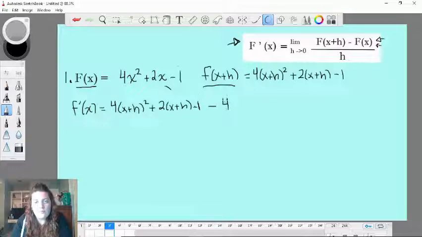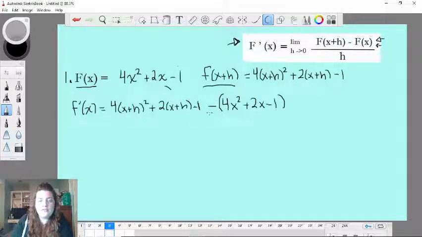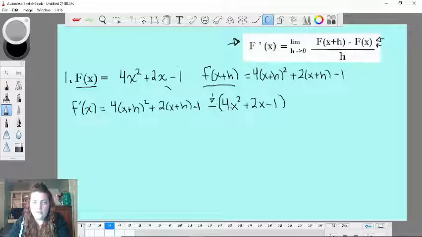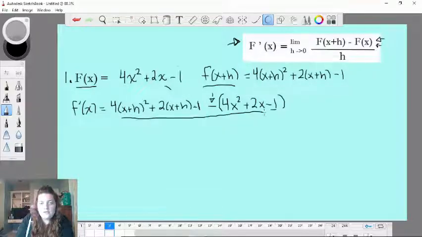So minus parentheses 4x squared plus 2x minus 1. Parentheses are because this negative in front is going to affect every single part of your function, because it'll be negative times 4x squared, negative times 2x, and negative times negative 1. And all of this will be set over h.